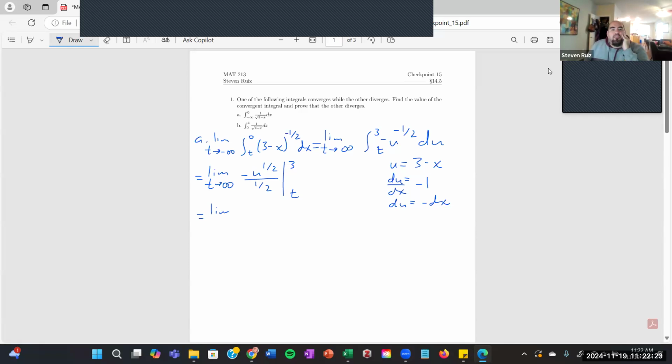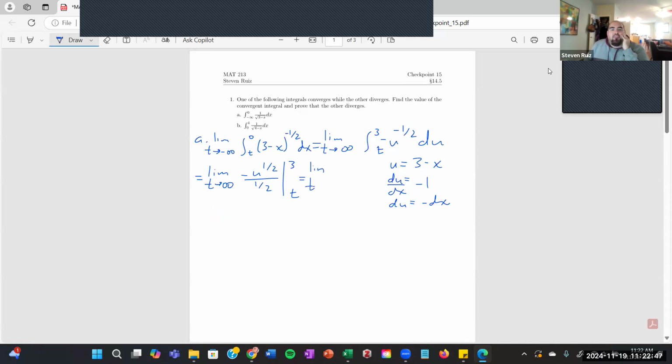So the limit as t goes to infinity of negative 3 to the 1/2. Actually, let's do one more step before I evaluate this like this. And I have plenty of room here.